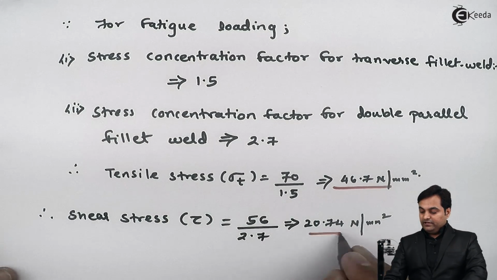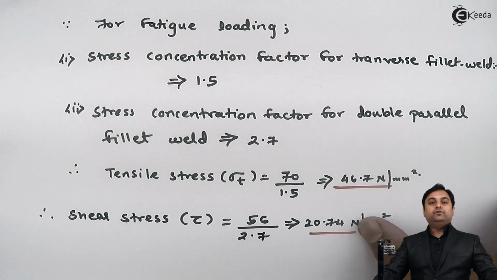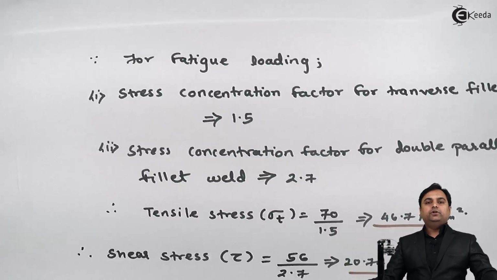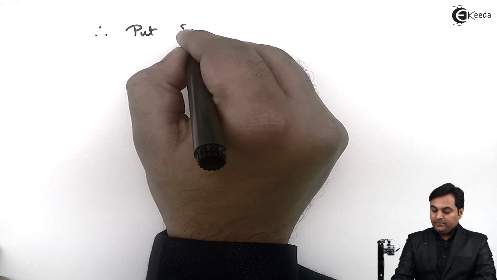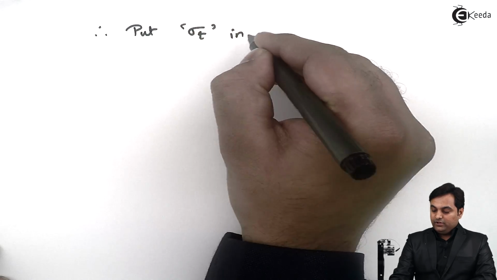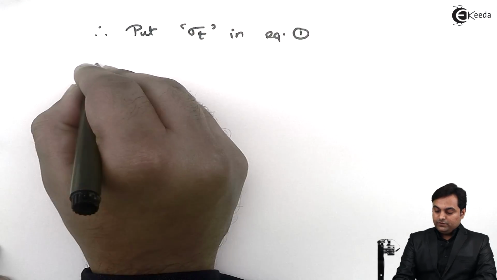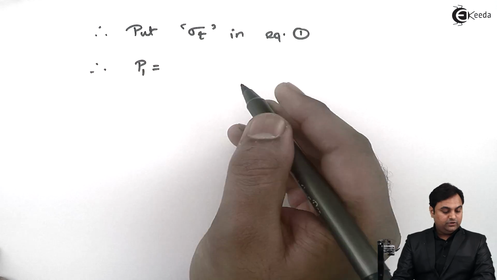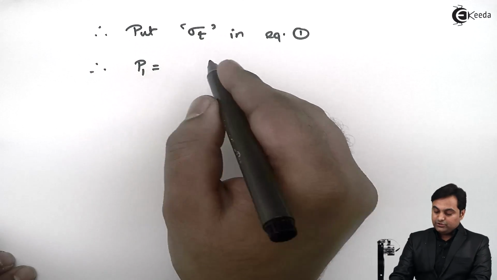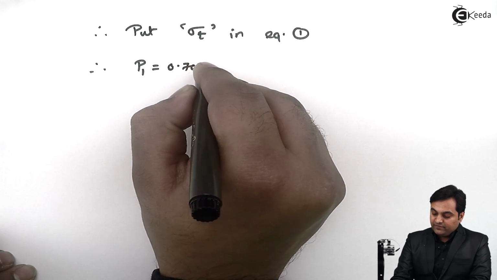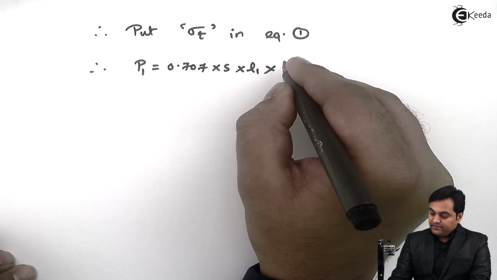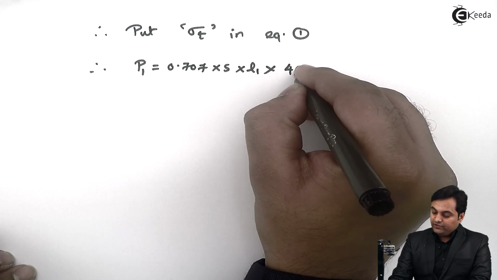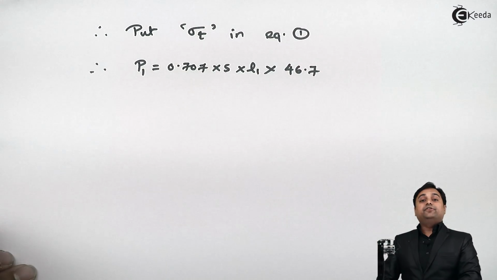After getting the values of stresses, now I can put the value in equation number 1 to get the load carried by transverse fillet weld. So put sigma T in equation 1. Here P1 is equal to area, 0.707 multiplied by S into L1 into sigma T, which is 46.7 for fatigue loading.